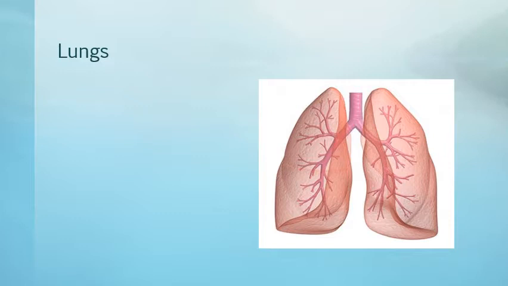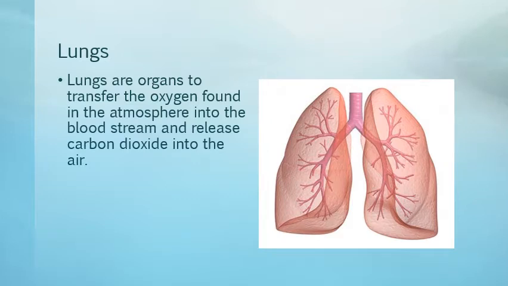The lobes are filled with small, spongy sacs called alveoli, which is where the exchange of oxygen and carbon dioxide occurs. So, the function of the lungs is to transfer the oxygen found in the atmosphere into the bloodstream and release carbon dioxide into the air.